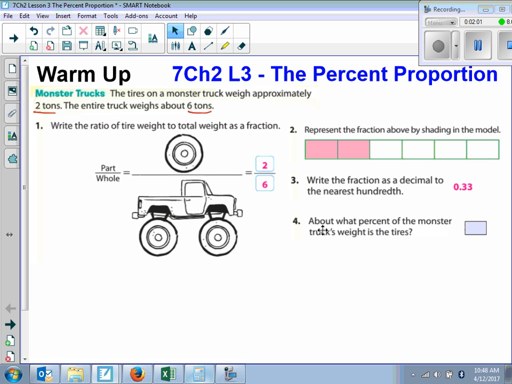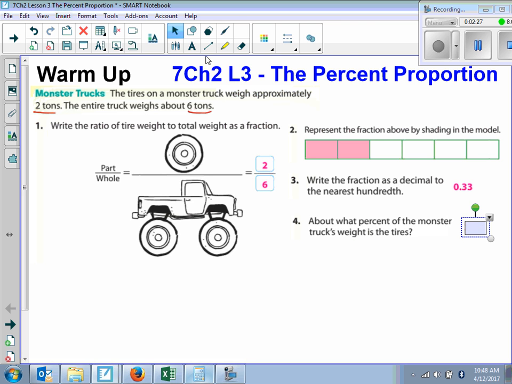Now it says, about what percent of the monster truck weight is the tires? So remember yesterday when we were changing a percent to a decimal, we were moving the decimal 2 places to the left. Now here we're changing a decimal to a percent. Which way are we going to move it? 2 places to the right.